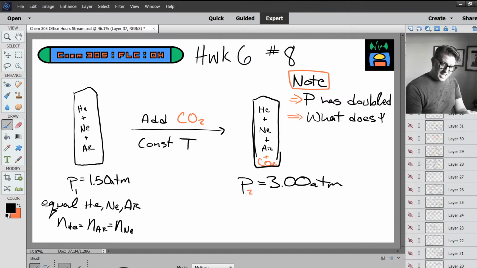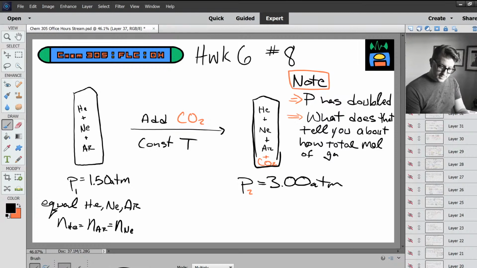What does that tell you about how total moles of gas has changed?